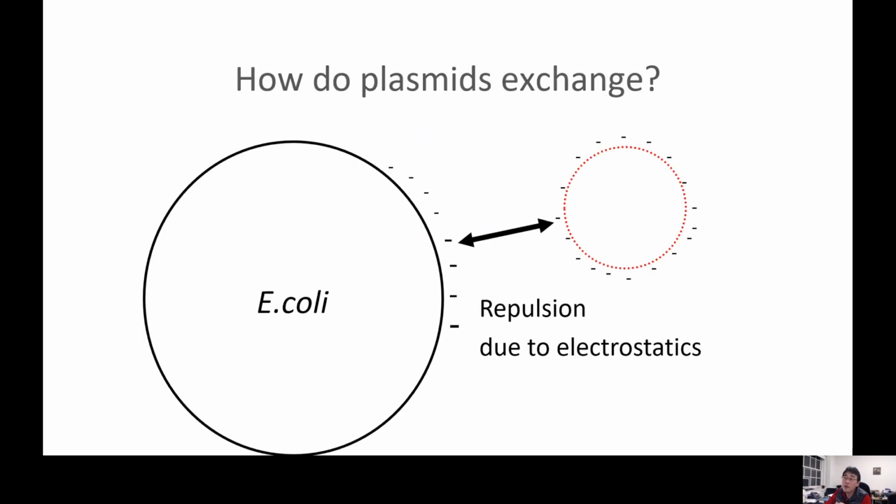Now, of course, when you think about it, plasmids are circular DNA. The backbone of the DNA is what? The backbone of the DNA is a phosphodiester linkage, right? With the sugar and phosphates.